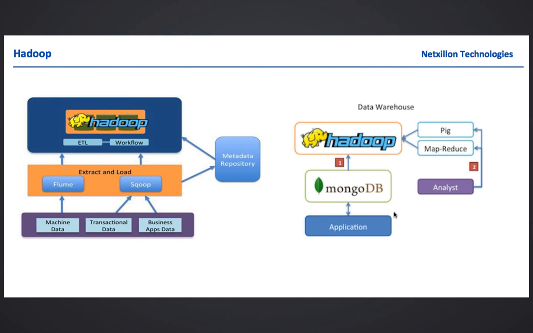We can do a lot of other things. For example, when the data is uploaded into Hadoop, I can either write a MapReduce job, which is in Java, to do some work on it. But being a Hadoop admin, I might not be comfortable with Java.